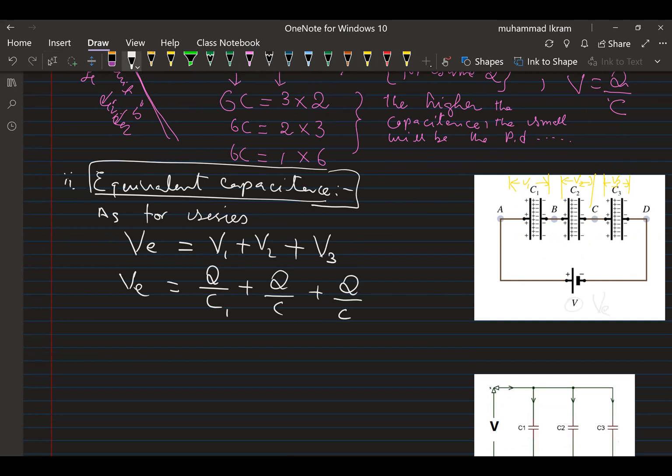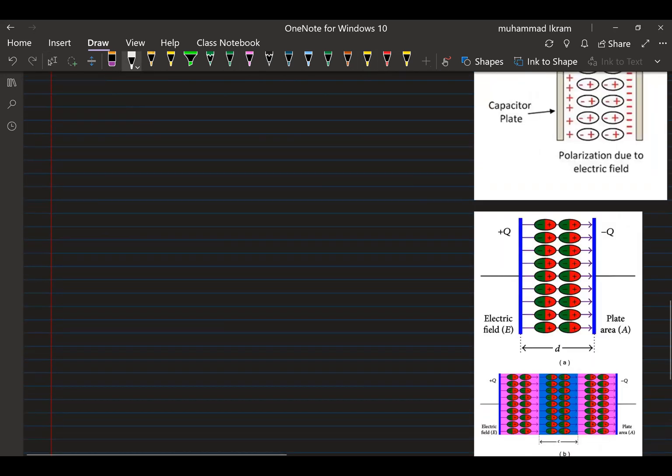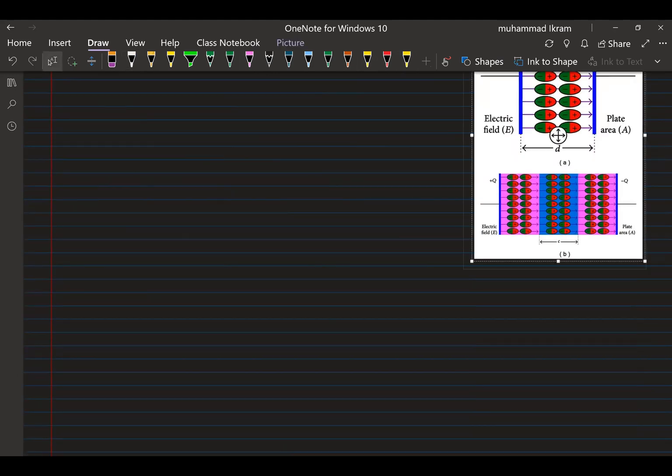So C1, C2, C3, all are different, but we already know that it is the equivalent capacitance. Let me push these diagrams back so that I can explain the rest.